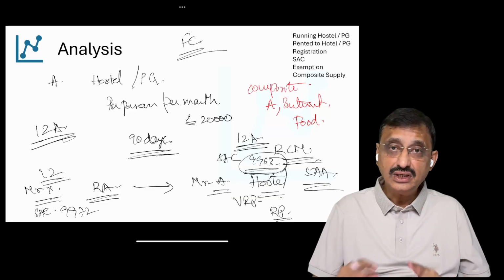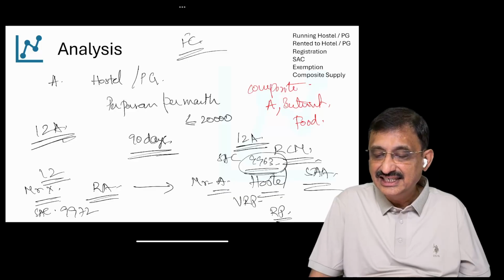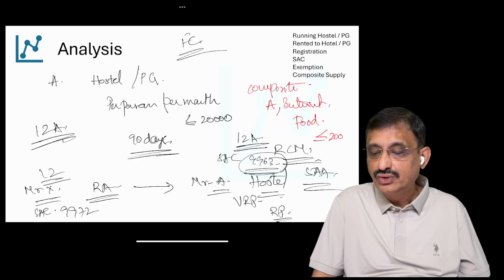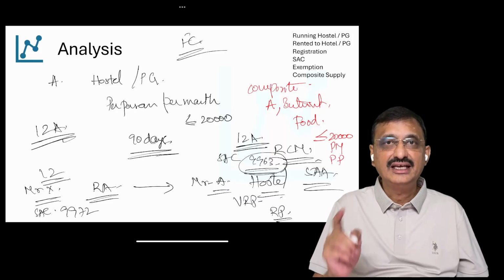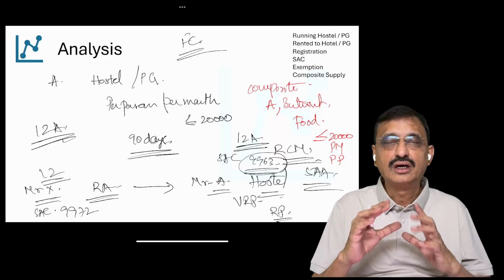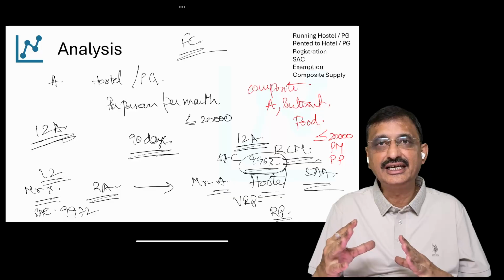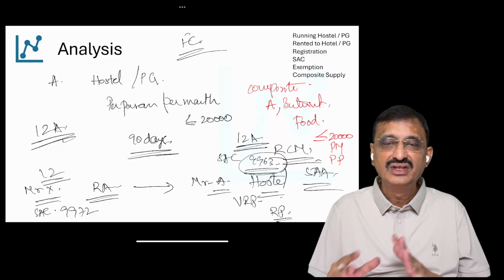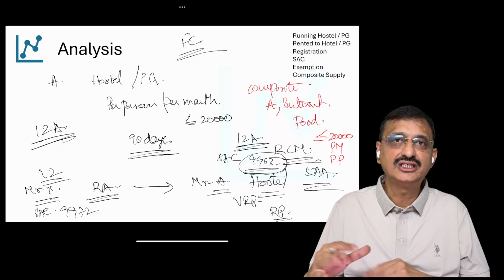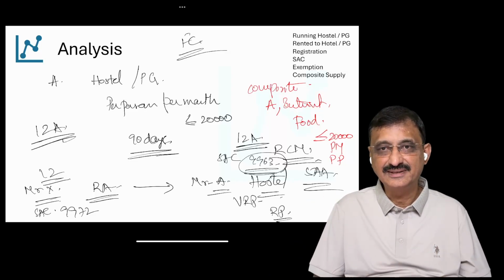Then, for all this, if he is charging less than or equal to 20,000 per month per person and the accommodation is for a minimum of 90 days, then exemption by entry 12A will be available. Else, it will be chargeable to GST on forward charge basis at the rate of 18%.